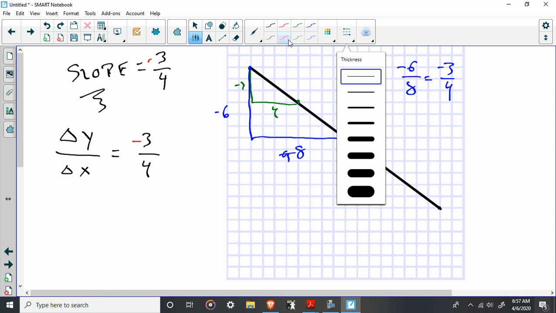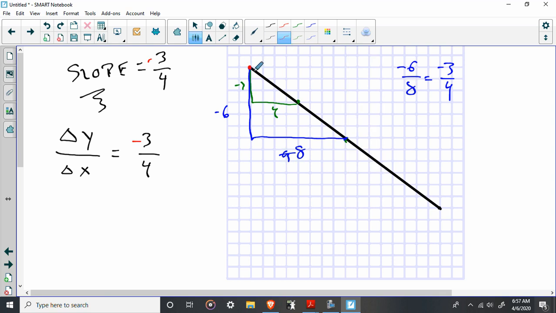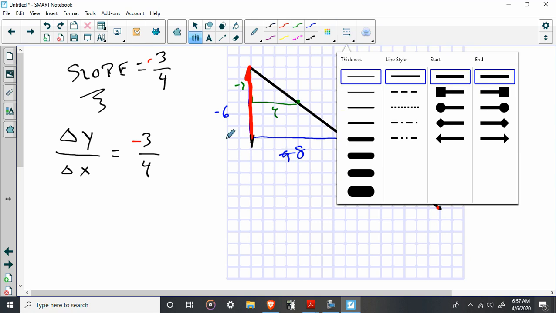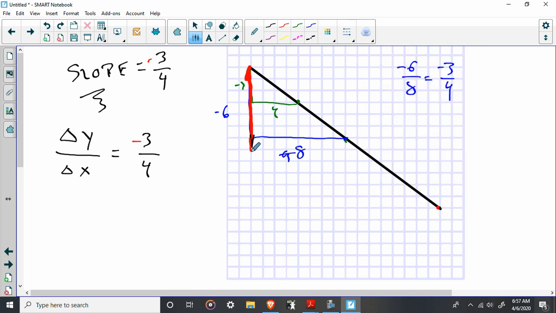And again, we'll do one more just to take it a step further. If I wanted to go from here to this one way down here, well, I went down 1, 2, 3, 4, 5, 6, 7, 8, 9, 10, 11, 12.